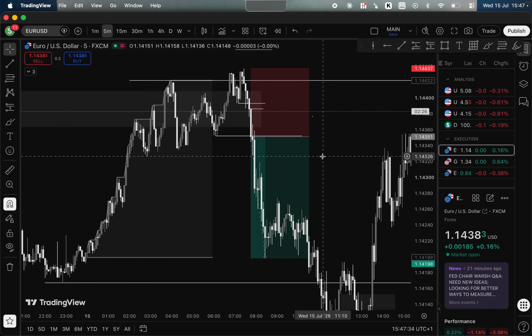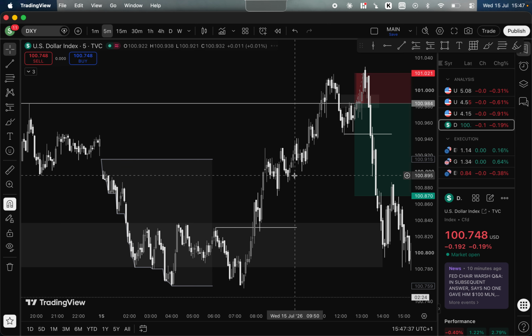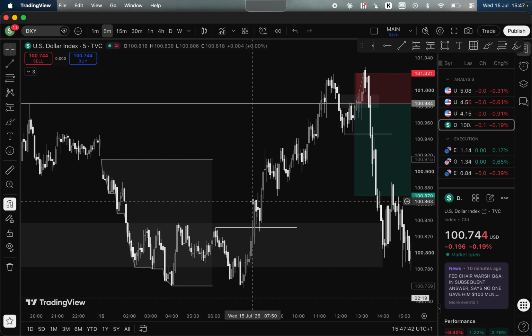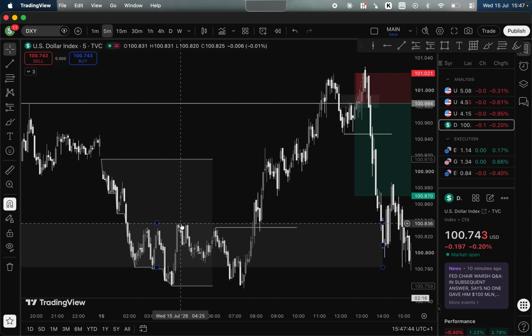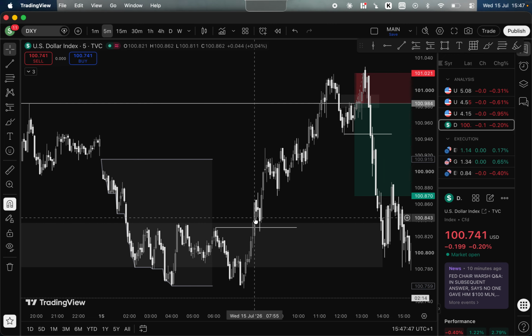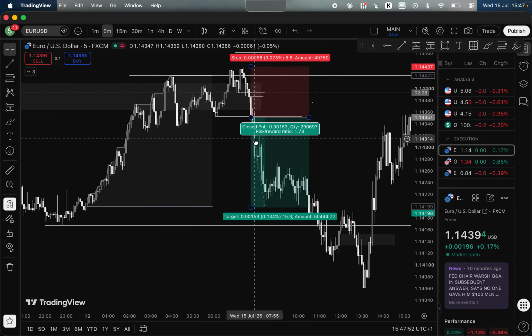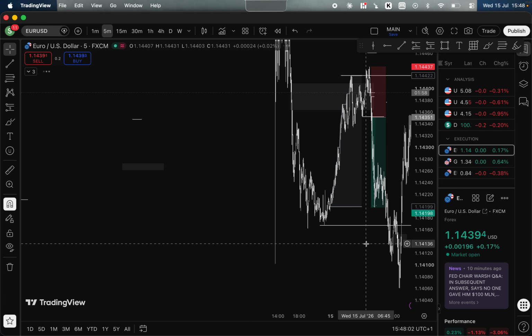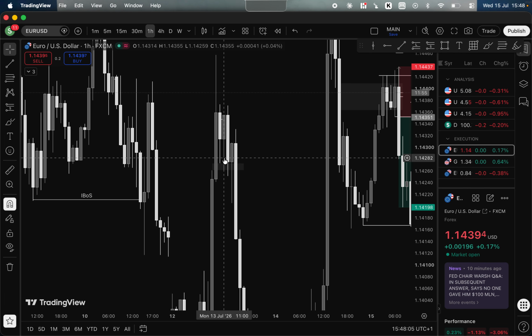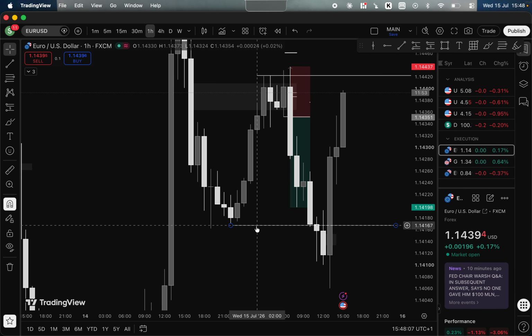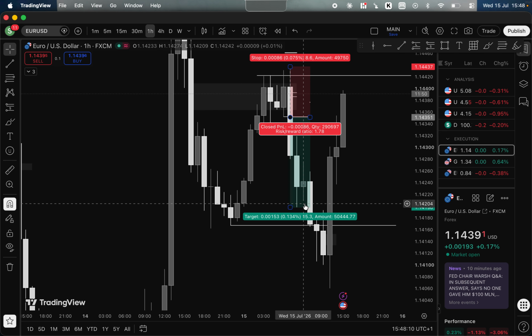Still very decent. And it hit the final TP point anyway, which is the external low.